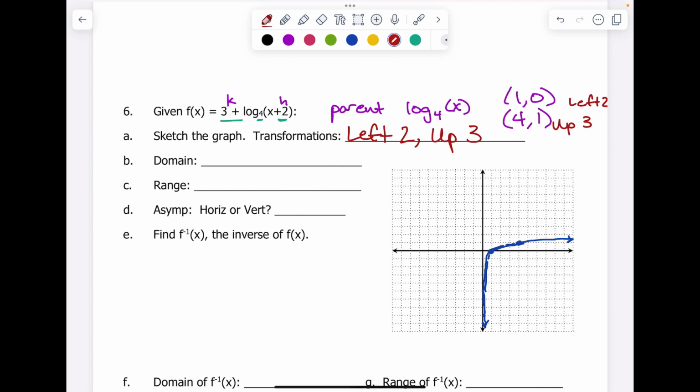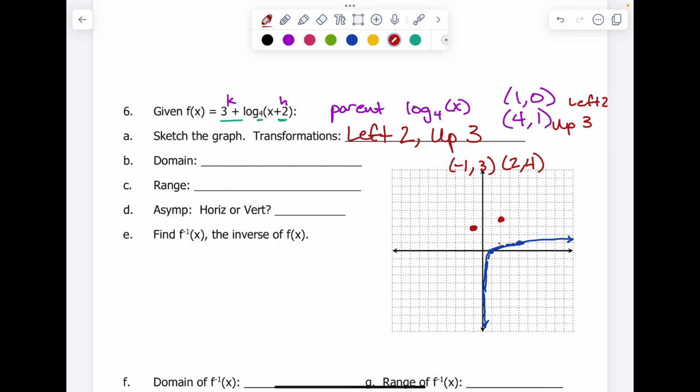So that means both of these points will go left 2, up 3. So that point that was (4, 1) is now (2, 4). And that point that was (1, 0) is now (negative 1, 3).